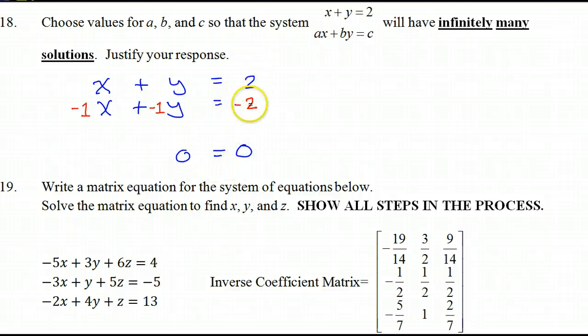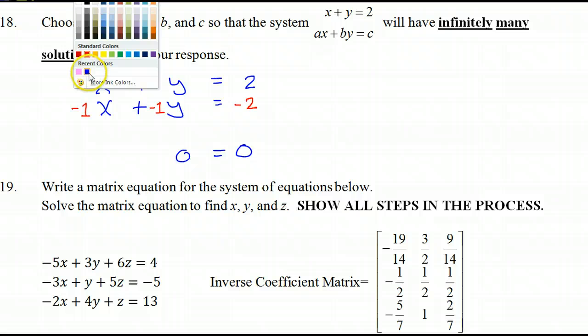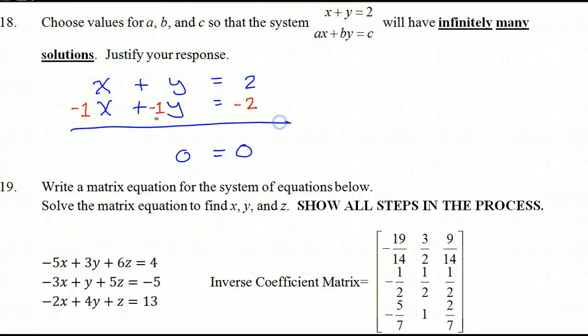So we really need to cancel out the negative 2 as well. If C is negative 2, that will cancel out the positive 2. And if you had that, then sure enough, the x's would cancel, the y's would cancel, and even the 2's would cancel, and we'd get 0 equals 0.